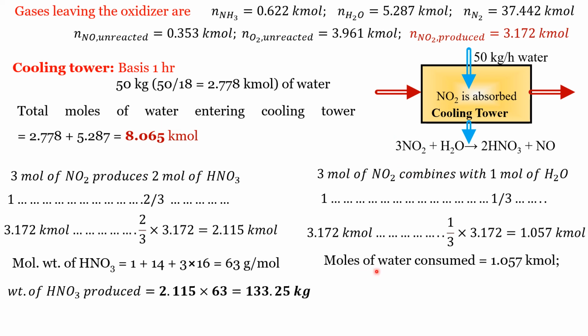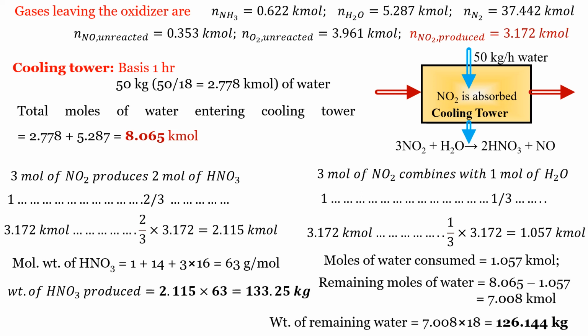So the moles of water consumed will be 1.057 kilomole. The remaining moles of water is total moles minus consumed, which is 7.008 kilomole. So on this side we will get HNO3 as well as the remaining water.